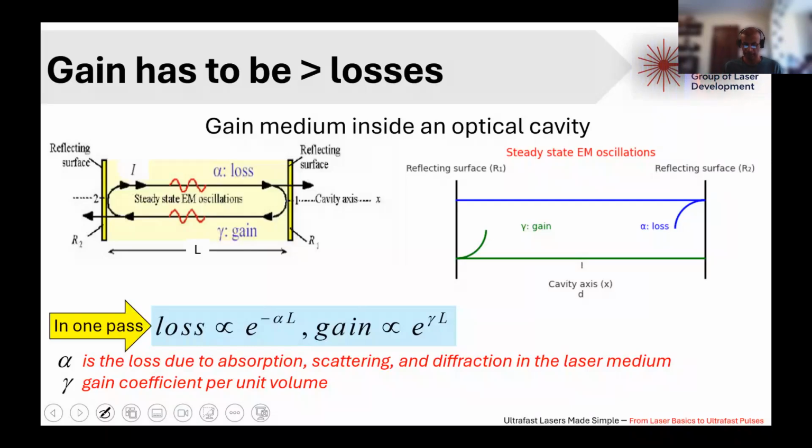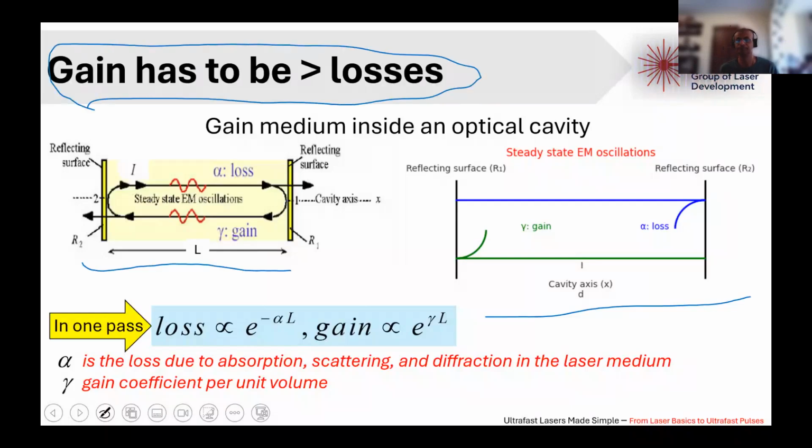You can see here that to have effective laser action, the gain has to be greater than the losses.